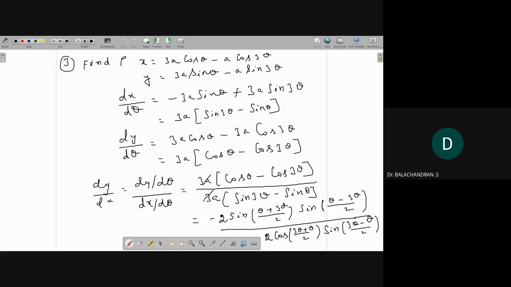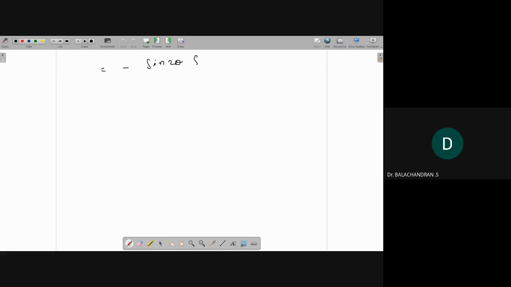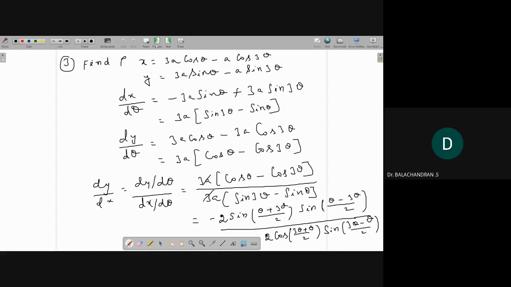Sine of minus theta is minus sine theta. Okay, I'll write the next step. Sine of minus theta, all divided by 2 cos 2 theta. Sorry, 2 gets cancelled. So cos 2 theta to sine theta.